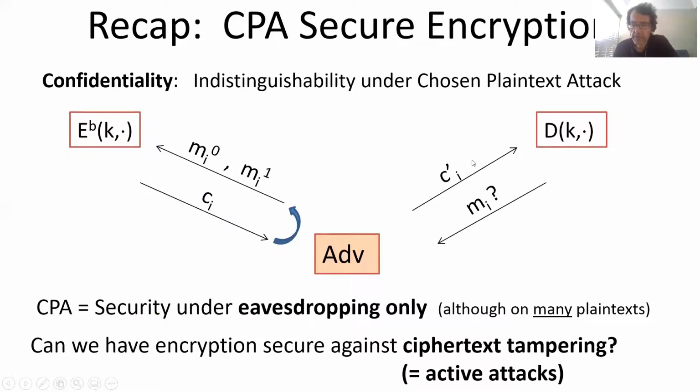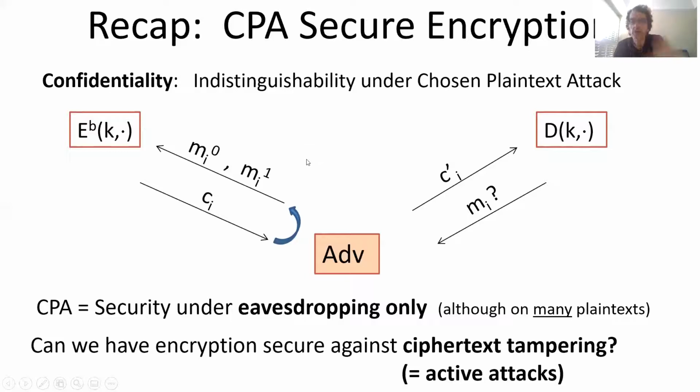But there is another thing that they want, which is that the adversary cannot inject and modify this traffic and replace the encryptions of some M's with encryptions of M primes that are going to be swallowed by the decryption box and taken as if they came from this encryptor.